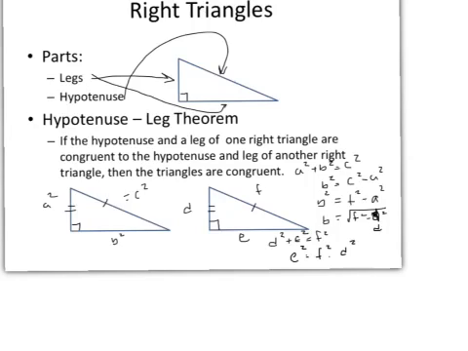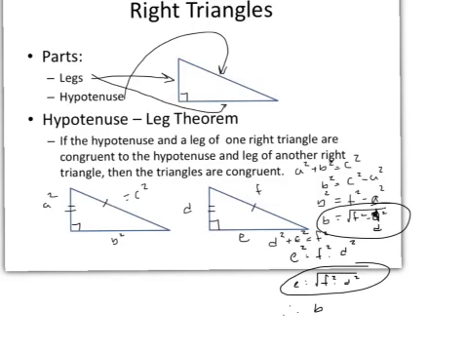It's supposed to be D squared. And E equals the square root of F squared minus D squared. And what do you know? B equals the square root of F squared minus D squared from up here, right? So therefore, B equals E, that means that side B is congruent to side E, okay?